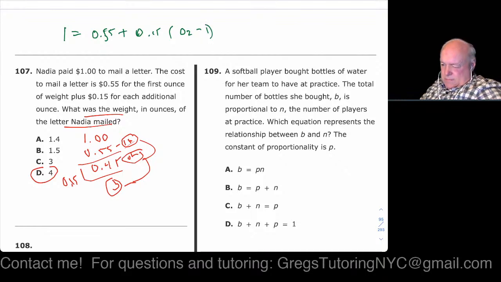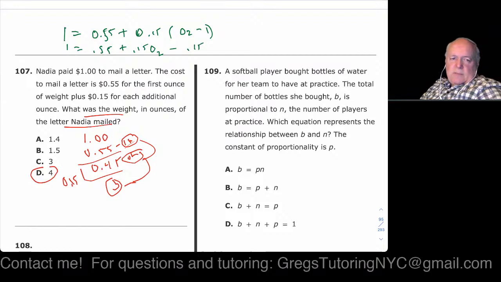All right? So if we run that through, we get 1 is equal to the 0.55 plus 0.15 times the ounces minus, and then the 0.15 times the minus 1 is 0.15.